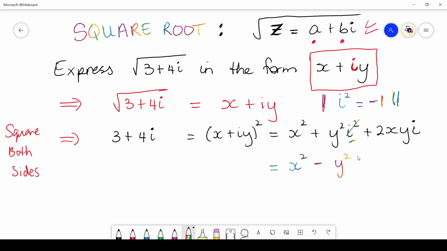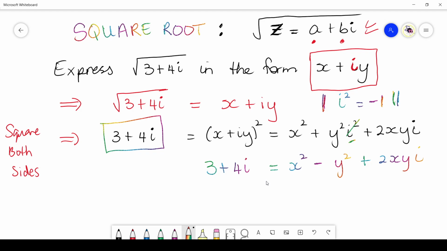It's going to change into a -1. And then we're going to continue writing 2xyi. Okay, so let's remember what we had over on our left-hand side. Let's bring it down. We had 3 plus 4i is equal to x squared minus y squared plus 2xyi.